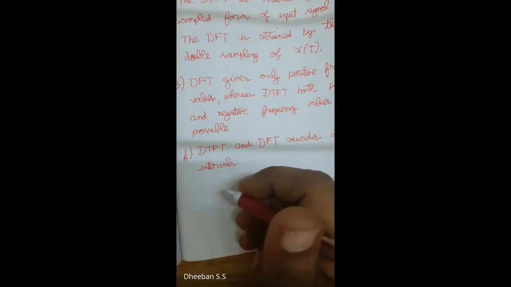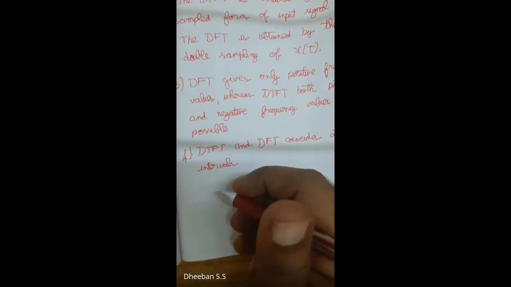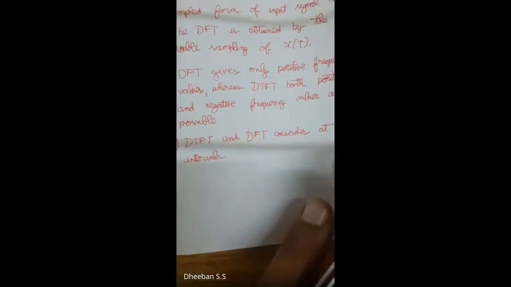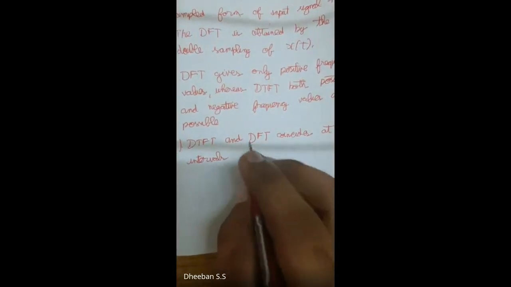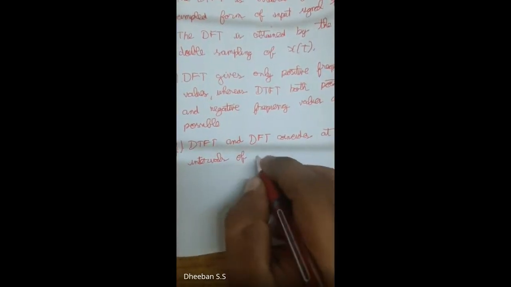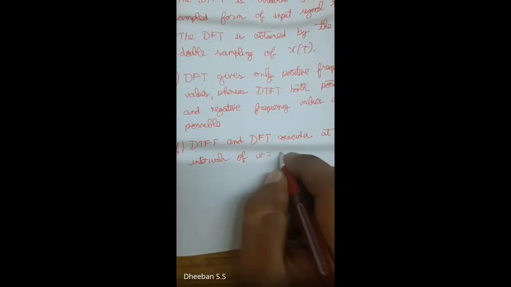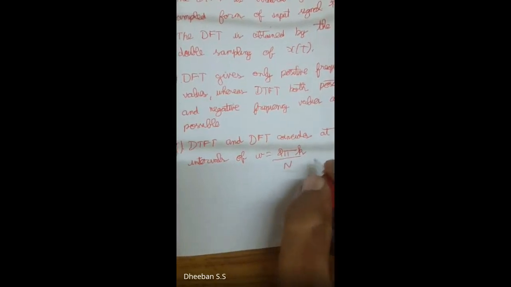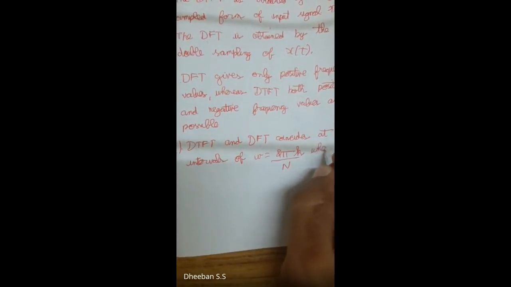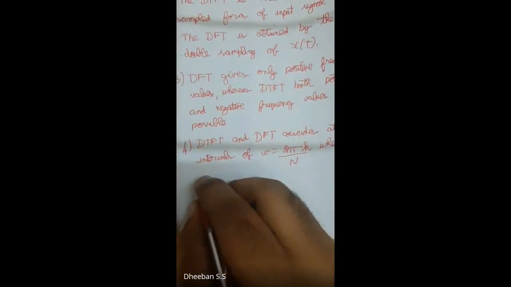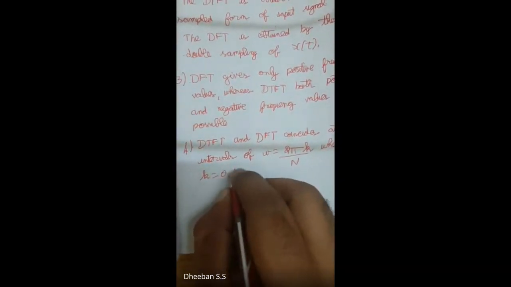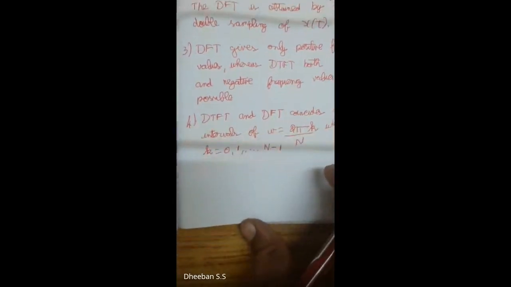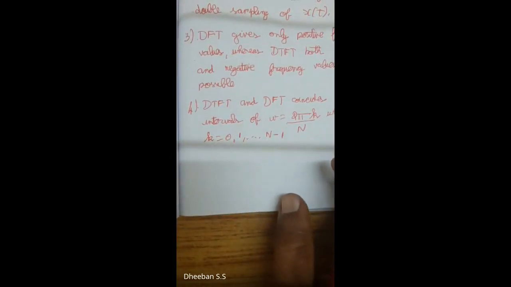If you join all the pieces again, you get the entire apple. Similarly, these coincide at intervals of omega equal to 2 pi k divided by capital N, where k takes the values 0, 1, up to N minus 1. That's the fourth one.